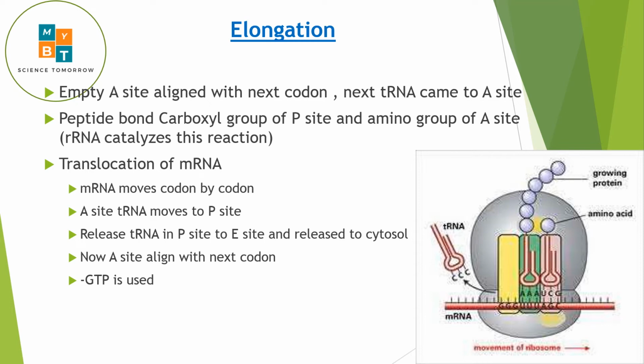The tRNA that was carrying the amino acid while the peptide bond was forming no longer has that connection with the amino acid. So the tRNA will be released from the E site to the cytosol.